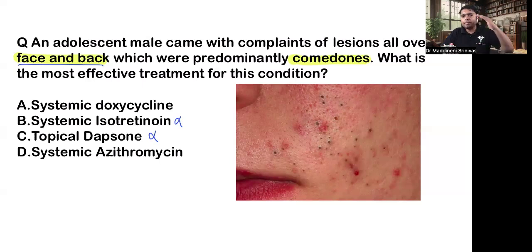And if you see option A and D, routinely in clinical practice, we do use systemic doxycycline more than systemic azithromycin, which is going to act not only on the comedones, but also on erythematous papular lesions and pustular lesions. And also because this is an extensive condition, ideally systemic treatment is what is going to be preferred. So it is option A, which I feel is the correct answer for this question.